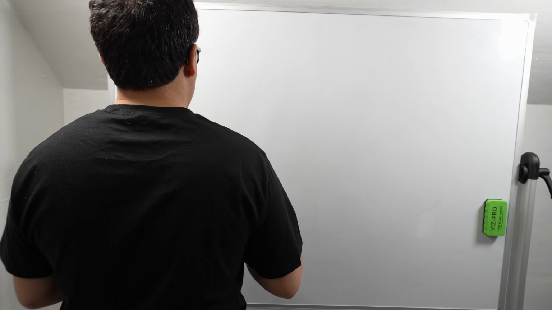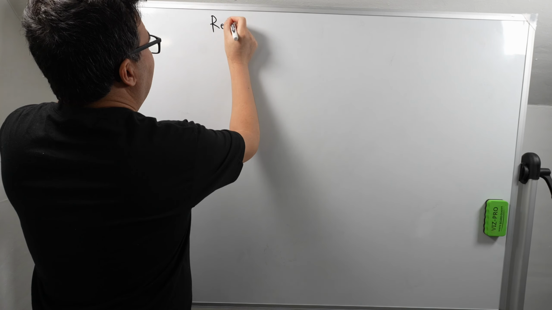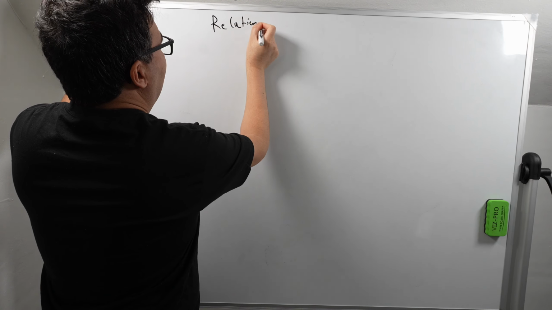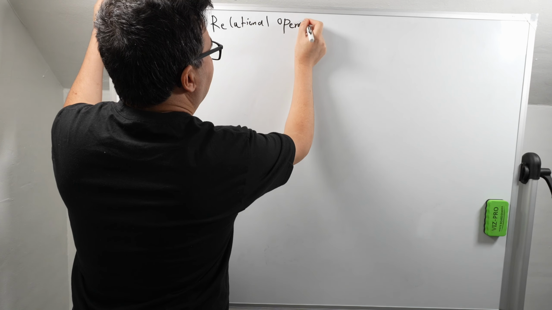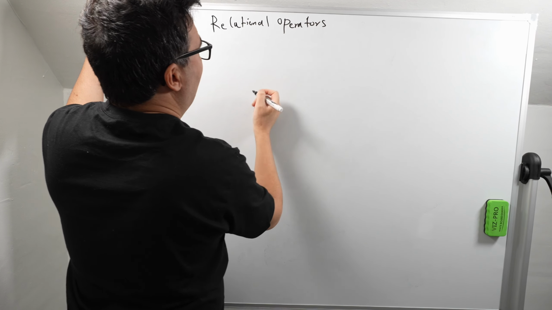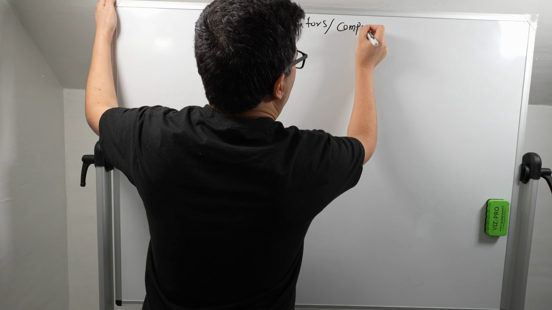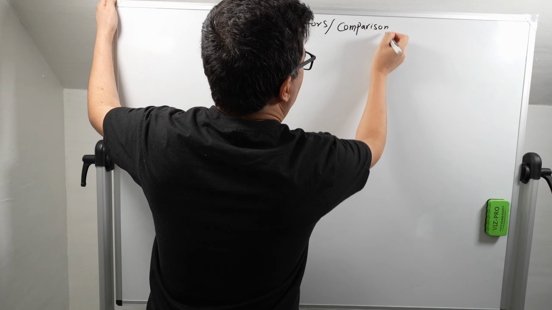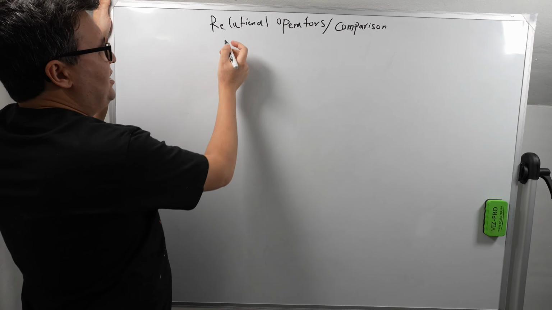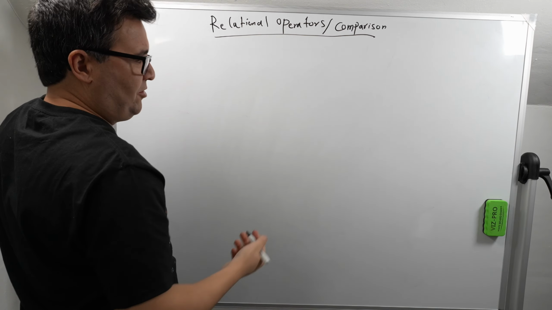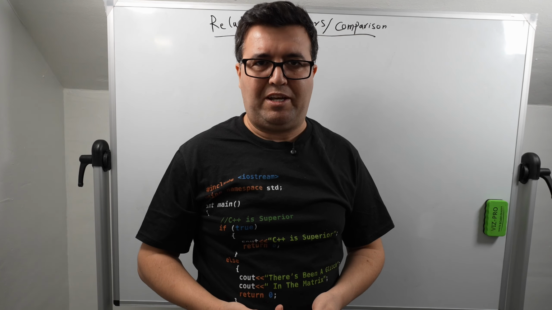So it's our lecture 8. I write here relational operators, or comparison operators. First, these operators are used to compare two values together.